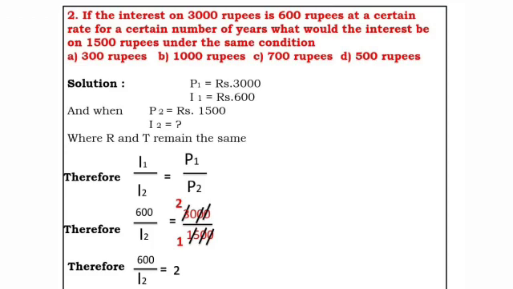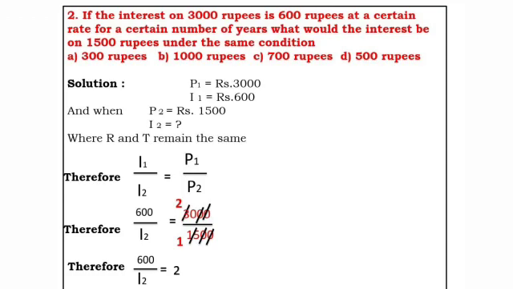Now the second part of the question is what would the interest be on rupees 1500 under the same condition? So in the second part you have to find out the interest where principal is given as 1500, and they have said that the rate of interest and time also remain the same here.